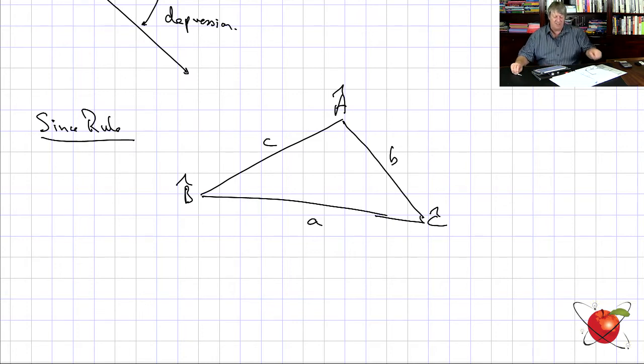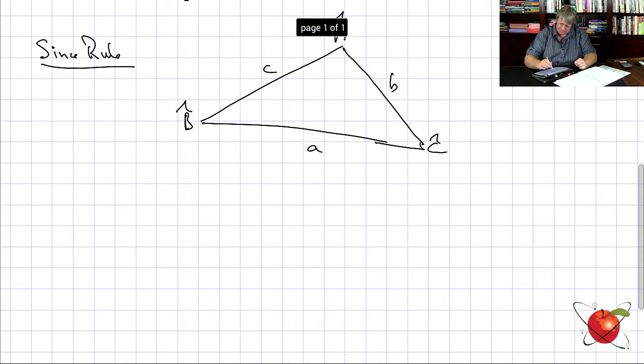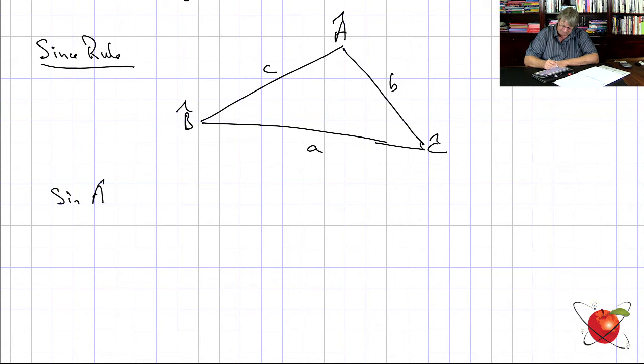Now, the sine rule is this. The sine rule says the following: the sine of angle A divided by the length a. These here are all lengths.